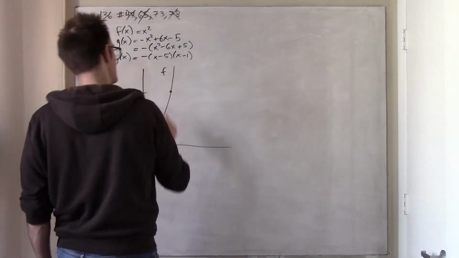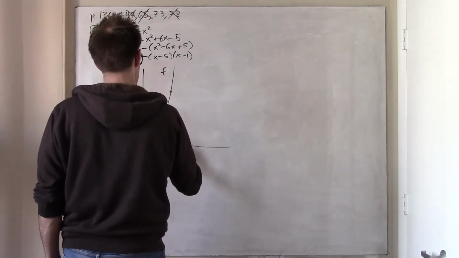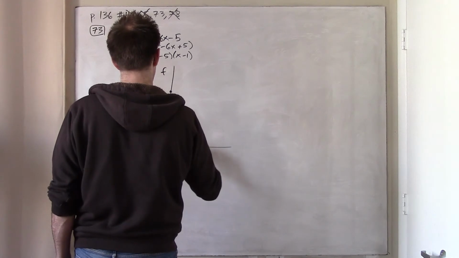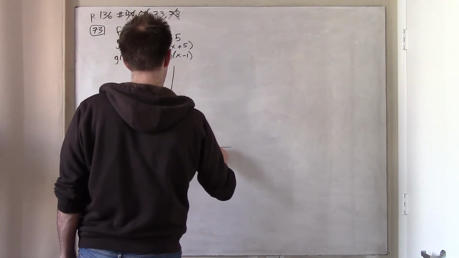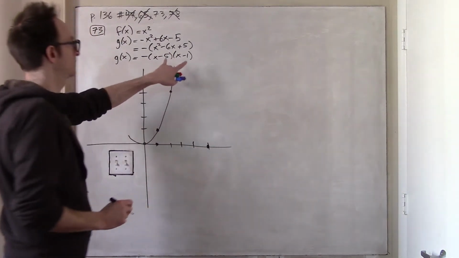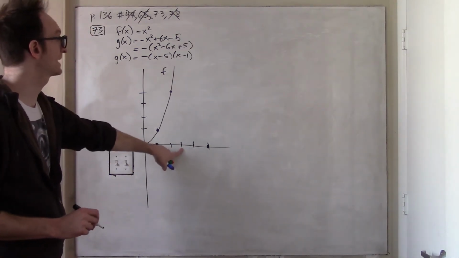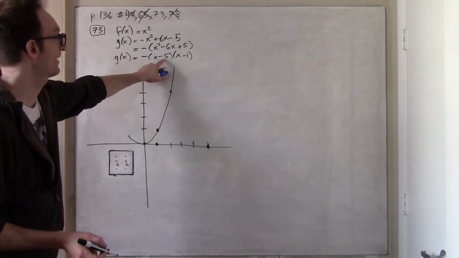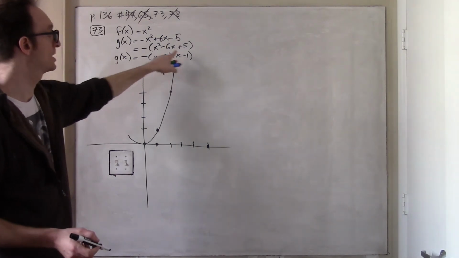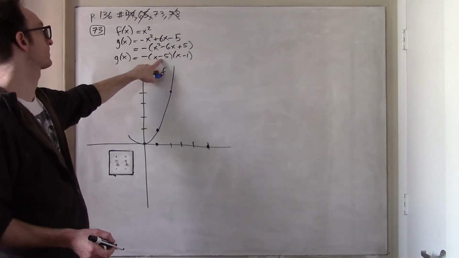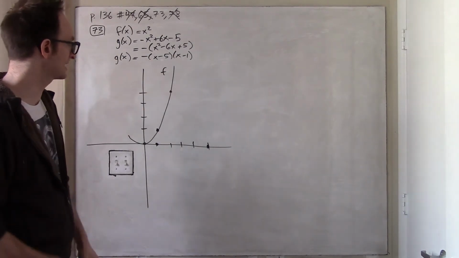G is going to be an upside down parabola with roots at 1 and 5. So 2, 3, 4, 5. If the roots are at 1 and 5, then the vertex will be at x equals 3. If I put 3 in here, I get 2 times 2 times a negative, so that's 4.